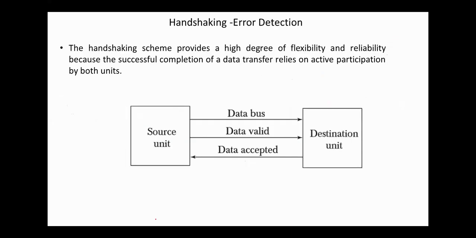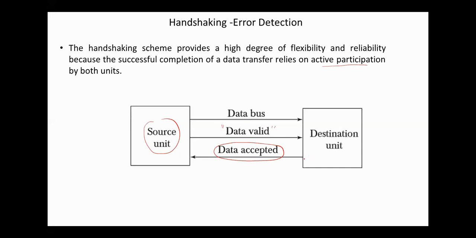The handshaking scheme provides a high degree of flexibility and reliability because the successful completion of a data transfer relies on active participation by both units. Consider, for example, the case of source-initiated transfer. After the source unit places its data and data valid signal in the bus, it waits for the data accepted signal from the destination unit.